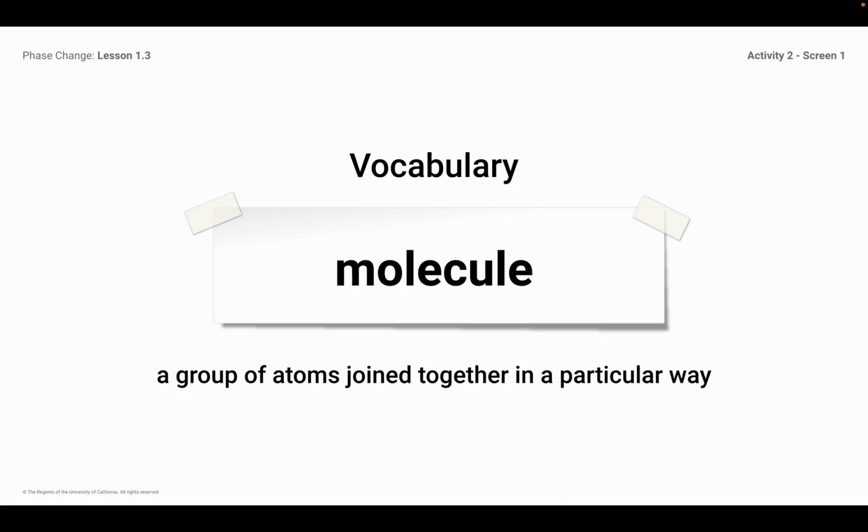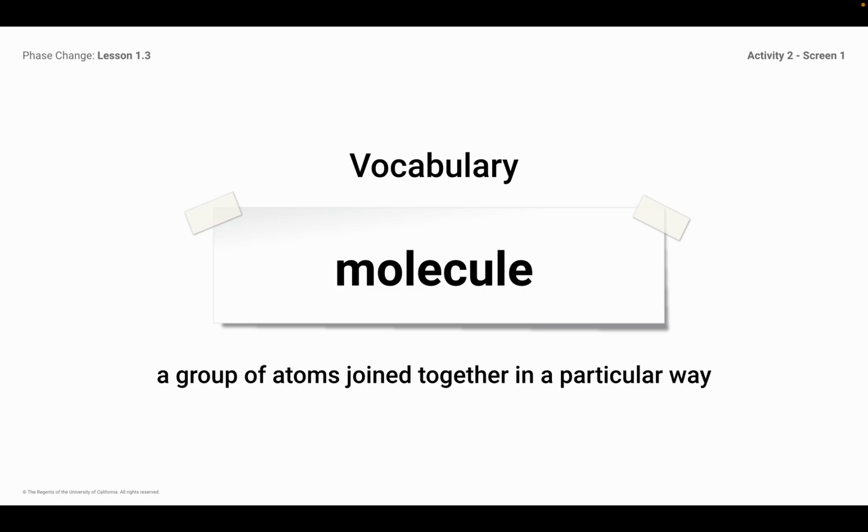So if I'm talking about just one atom, I'm going to say an atom, or I'm going to say an element. If I want to talk about a group of atoms, it could be the same atom, like a group of gold atoms stuck together in the same repeating pattern over and over again. I could call that molecules of gold.